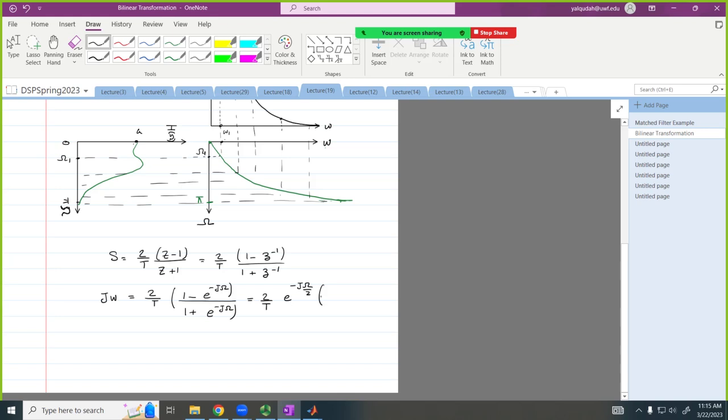If I take e to negative j omega over 2 as a common factor from here, the 1 will be e to positive j omega over 2 minus e to negative j omega over 2. Agree? Nothing changed. If I multiply them back, it's going to give me 1 minus e to negative j omega, which is the original formula. I'm going to do the same thing in the denominator. I'm going to take e to negative j omega over 2 multiplied by e to j omega over 2 plus e to negative j omega over 2.